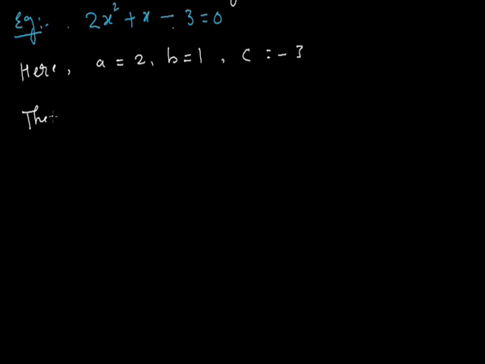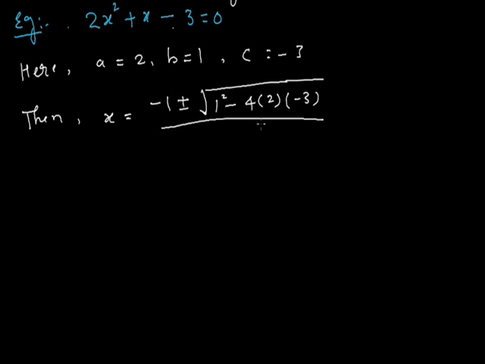Then x equals, using the quadratic formula, −1 ± √(1 − 4 × 2 × −3) upon 2a, that is 2 × 2. Here we find the value in the square root is 25, divided by 4.